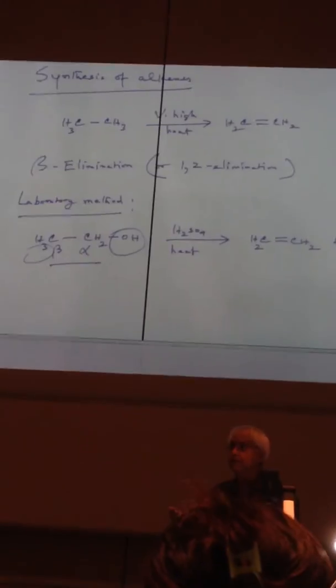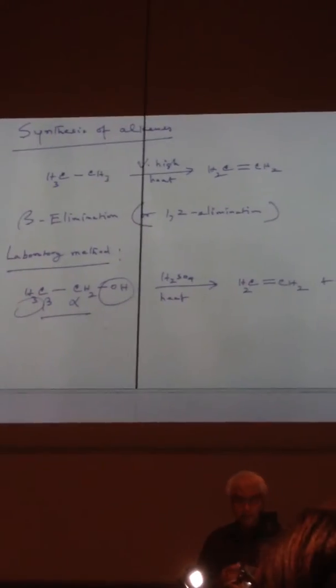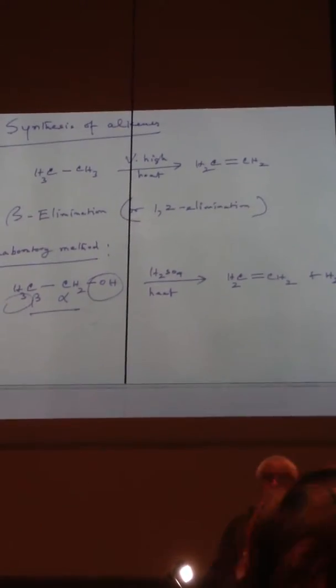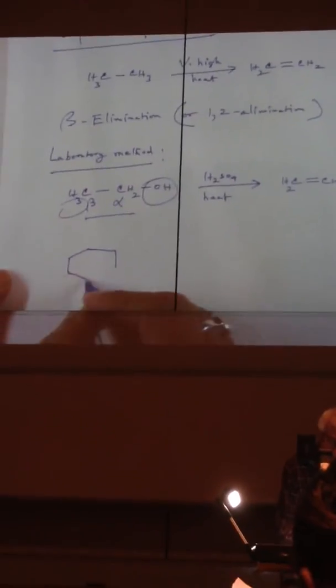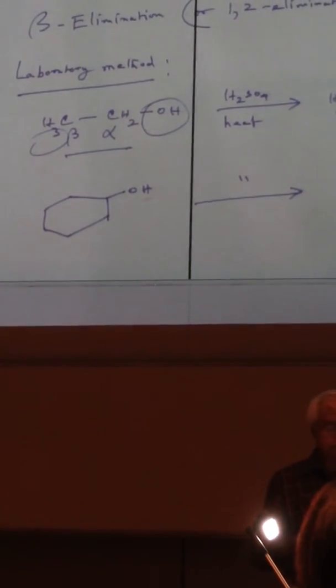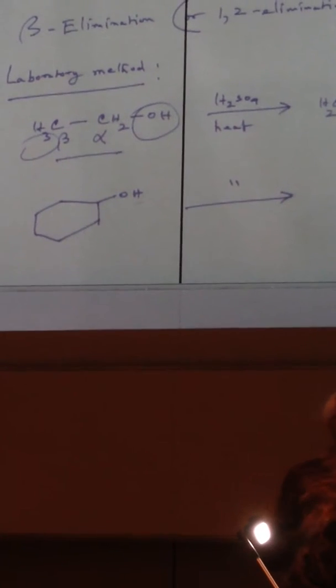All right, so now this is just the most simple reaction in which you use ethanol to make ethylene. But many other molecules can be used. Let's say cyclohexanol. Under the same condition, you use sulfuric acid and heat. That is also going to generate a molecule of water and cyclohexene.